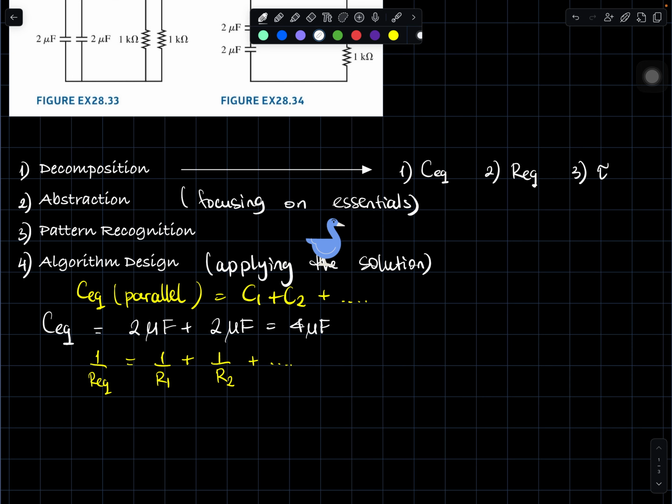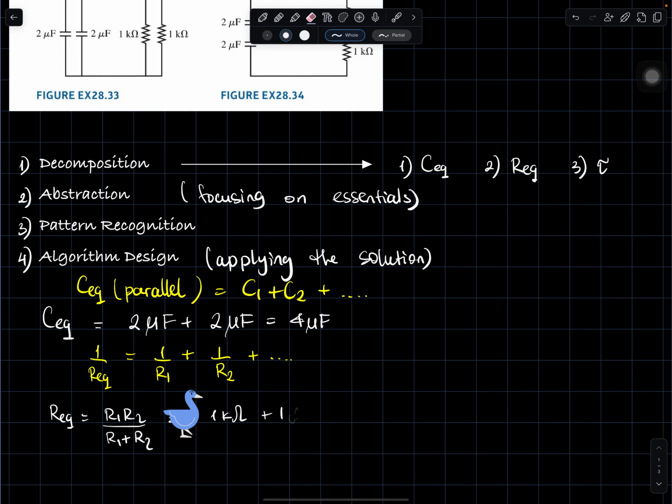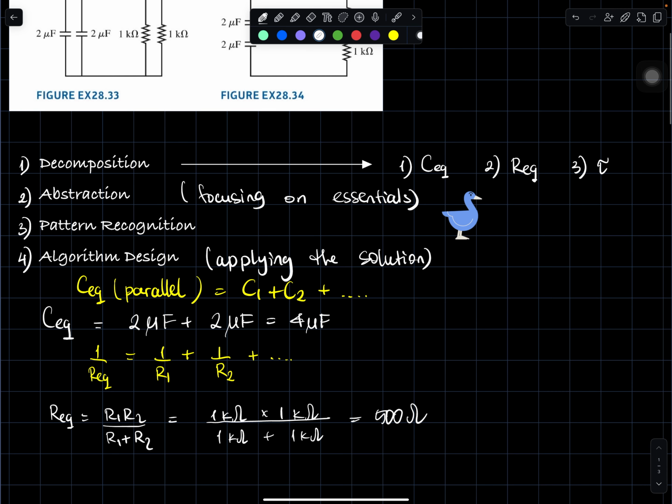Our equivalent resistance is R1 R2 over R1 plus R2. With 1 kilo ohm and 1 kilo ohm, here we have multiplication, and then we have 500 ohms.